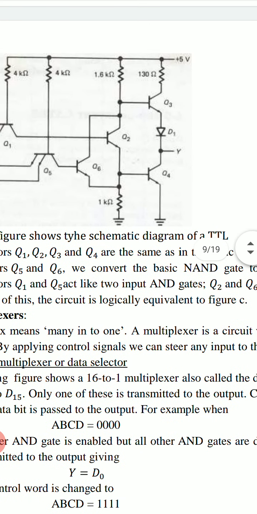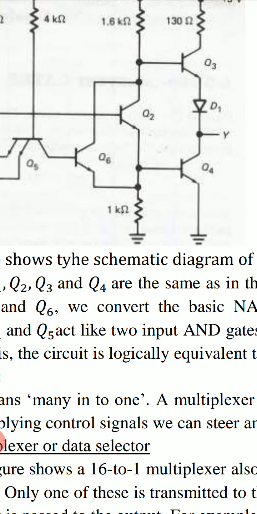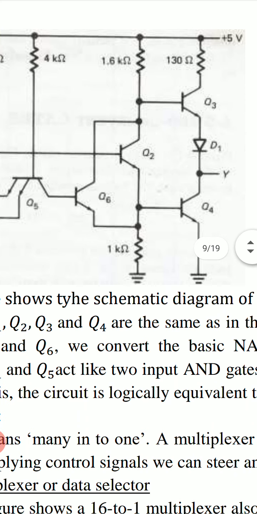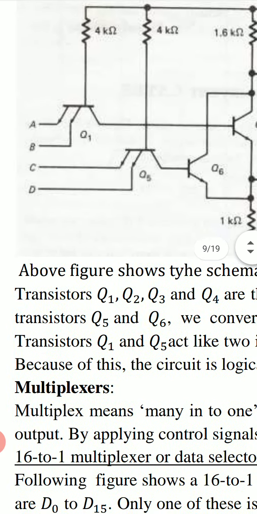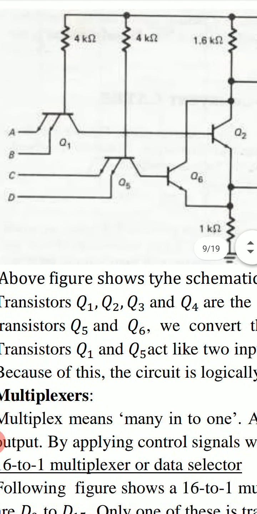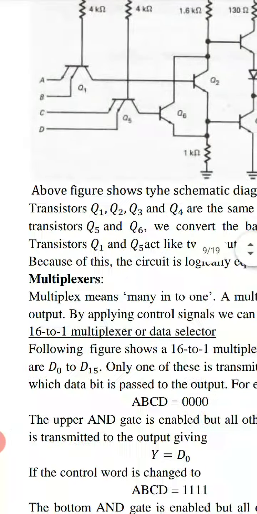Next, 2 transistors Q2 and Q6 are connected in parallel, and this parallel combination produces ORing followed by an inversion. So the output of this TTL circuit Y will be equal to AB plus CD bar. That is the output of the AND OR invert gate.